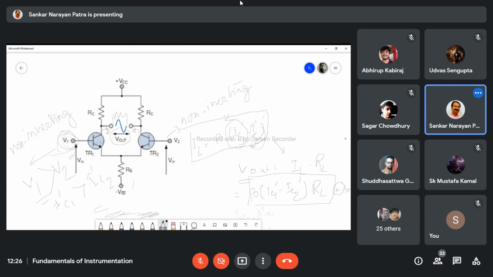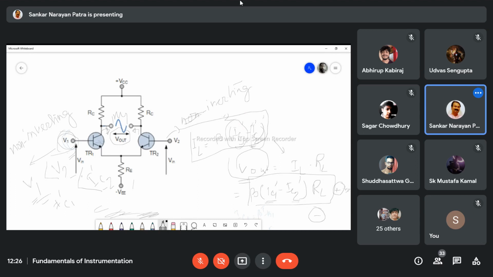Then what will happen? If V2 is greater than V1, definitely the polarity is opposite. Things will be opposite. So IC2 will be greater than IC1, but the expression remains the same, IC1 dash minus IC2 dash. So the output voltage will have a negative polarity.